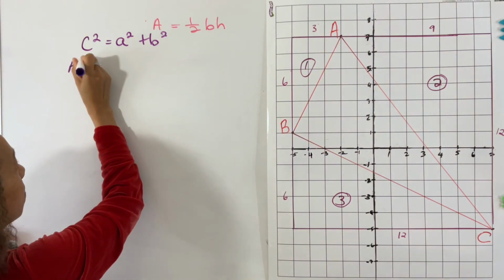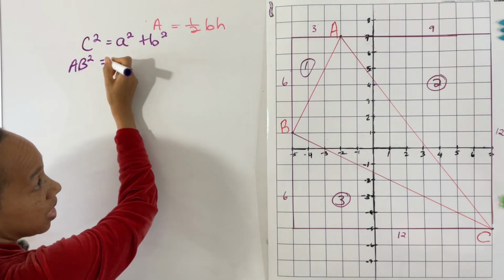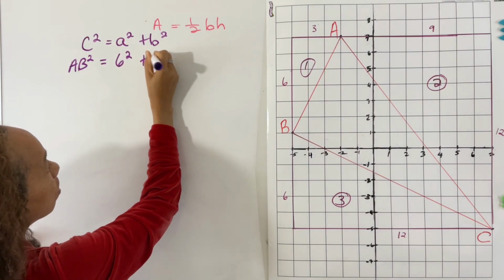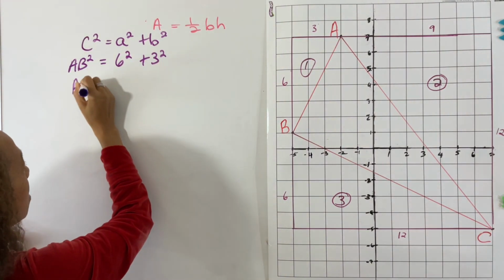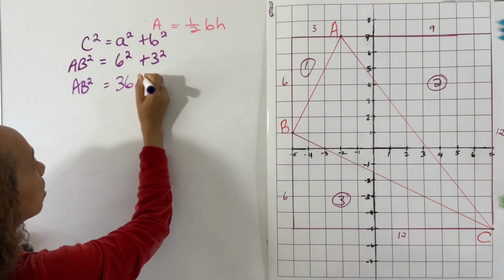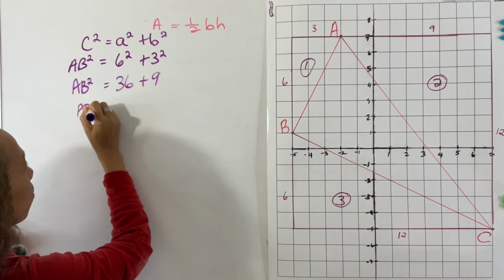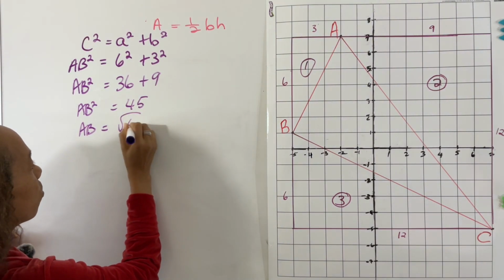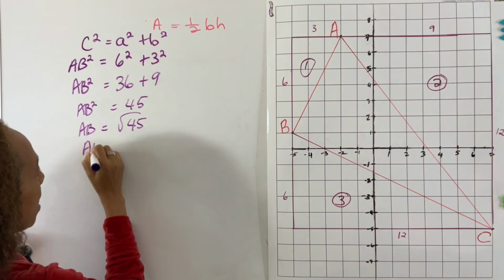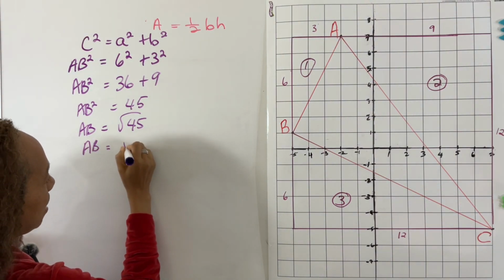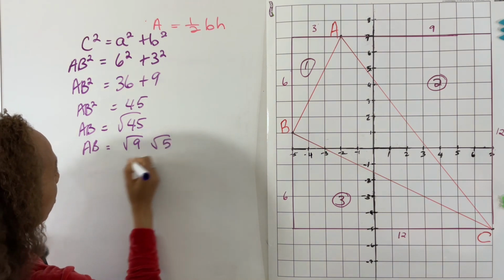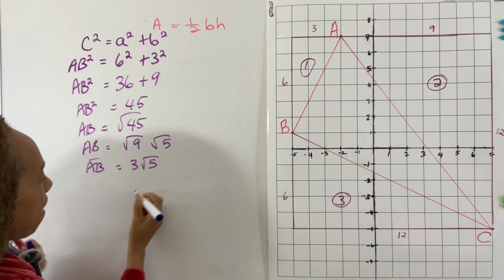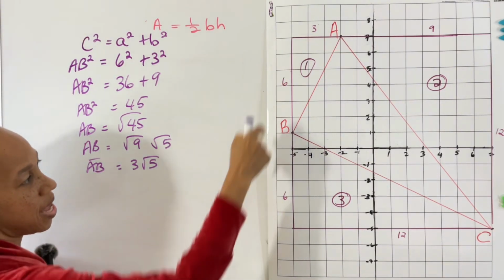We're going to say AB squared is equal to 6 squared plus 3 squared. And AB squared is equal to 36 plus 9, hence AB squared is equal to 45, and AB is equal to the square root of 45. We can break down the square root of 45 into the square root of 9 and the square root of 5. So AB is going to be 3 radical 5. That is the length of AB.